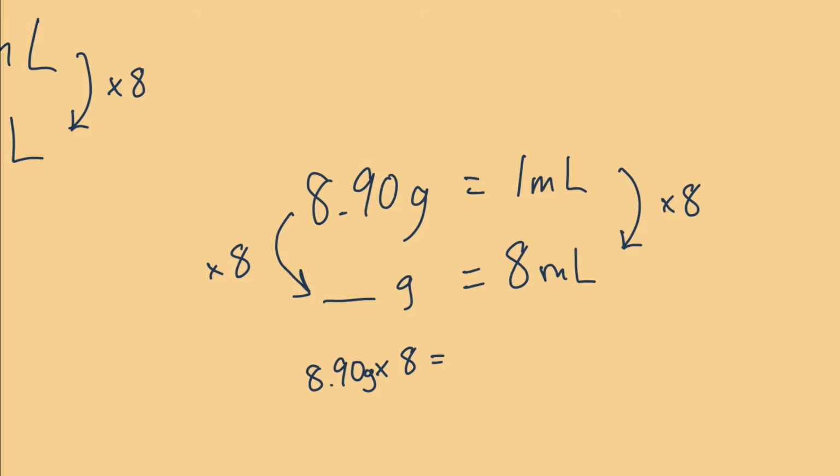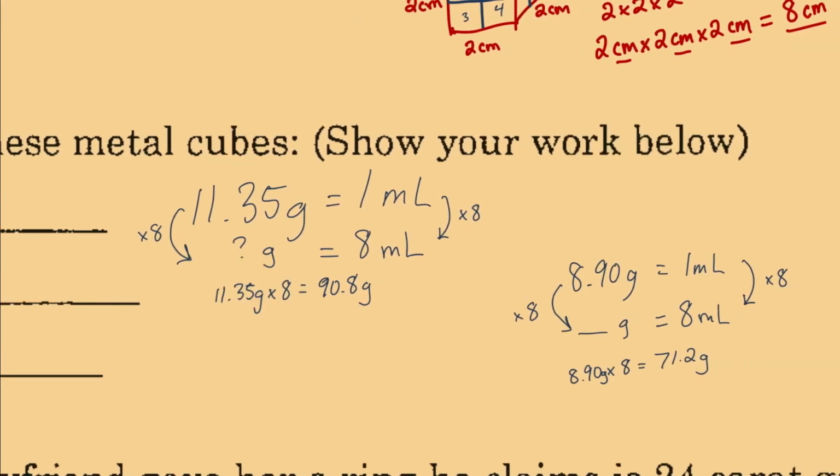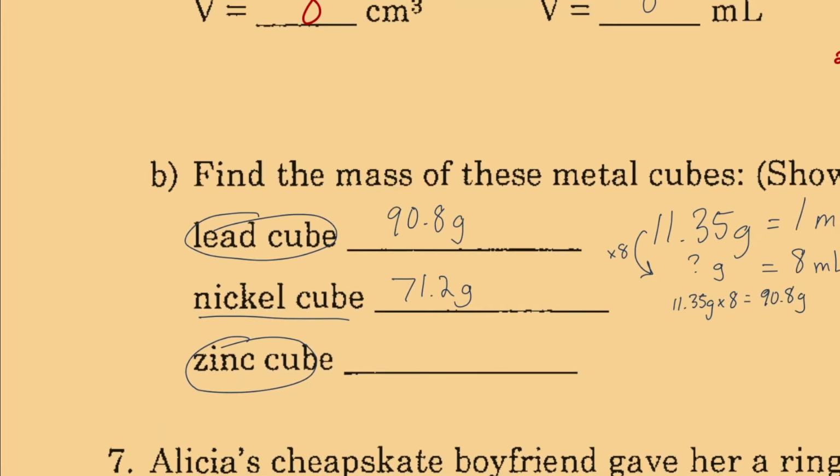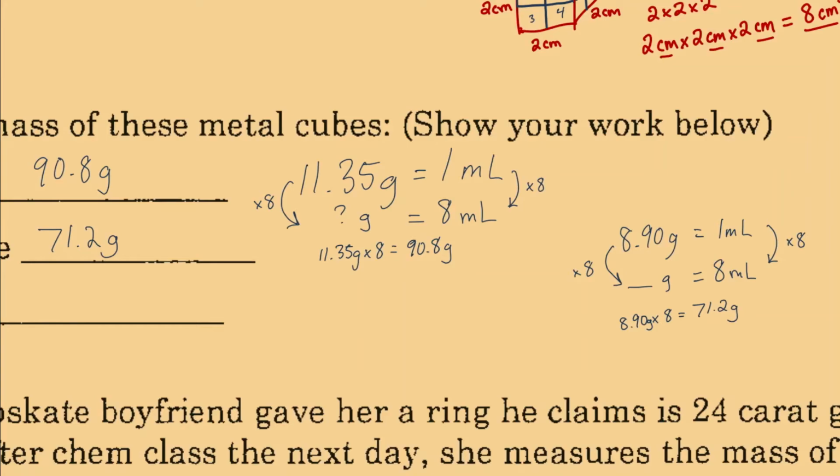Do that on my calculator. 8.90 times 8 gives me 71.2 grams. Easy peasy. And like I said, I'll leave zinc for you to do on your own. You should be able to figure it out now with these two done.